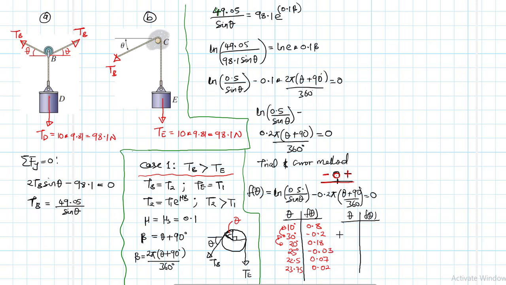I'll continue from 23. I'll have a 24. So these are all averages, right? 24.375. I will have a minus 0.007. This is good. I can end here if I wanted to.